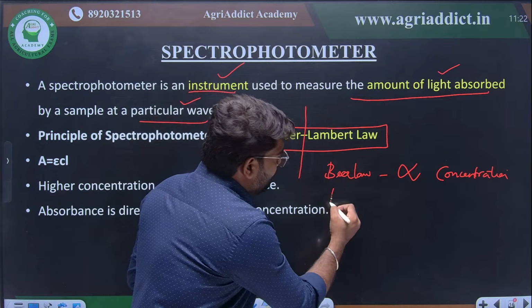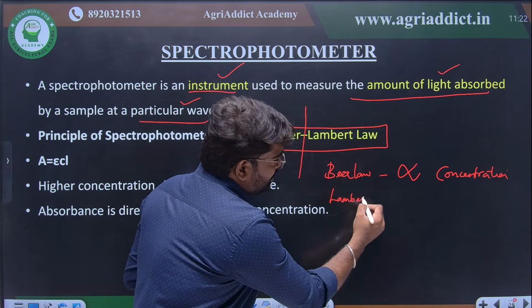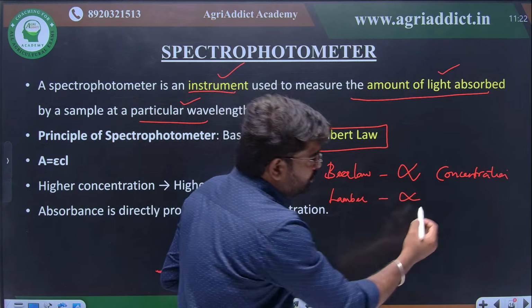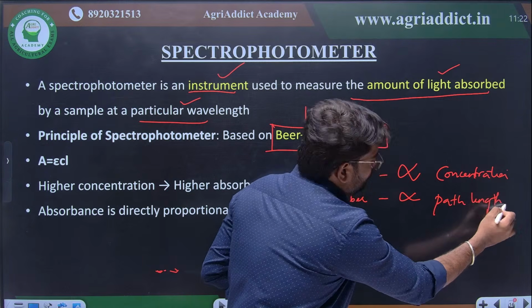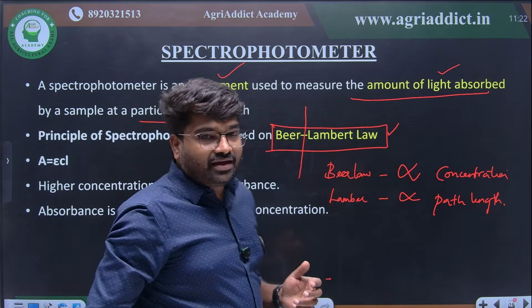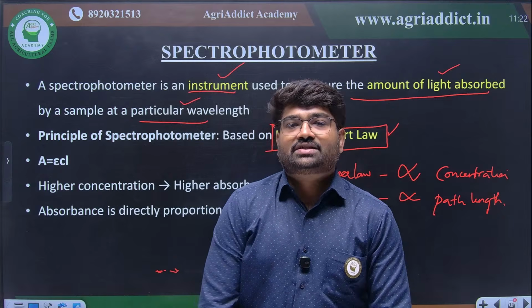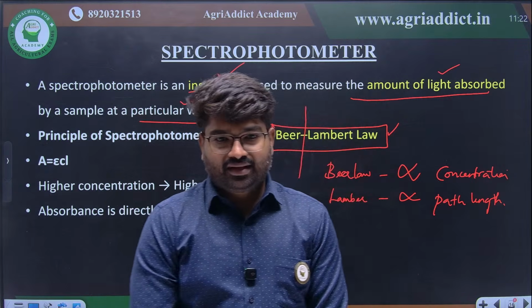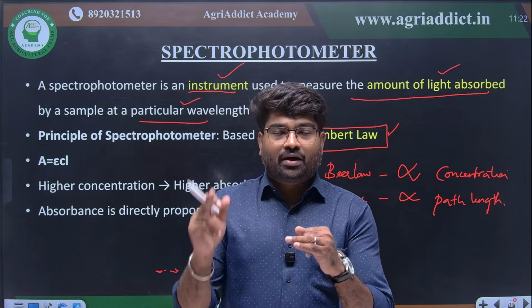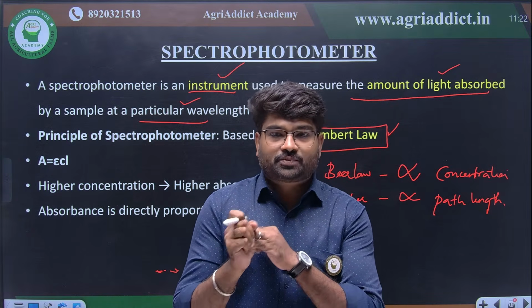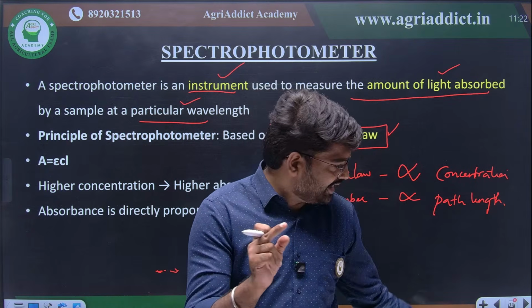What is meant by Lambert's law? Lambert's law says that absorption is directly proportional to path length. Clear? Path length. So Beer-Lambert's law is the basic principle for spectrophotometer. So we have seen what is spectroscopy and what is the principle of spectroscopy. I hope this is clear for everyone.